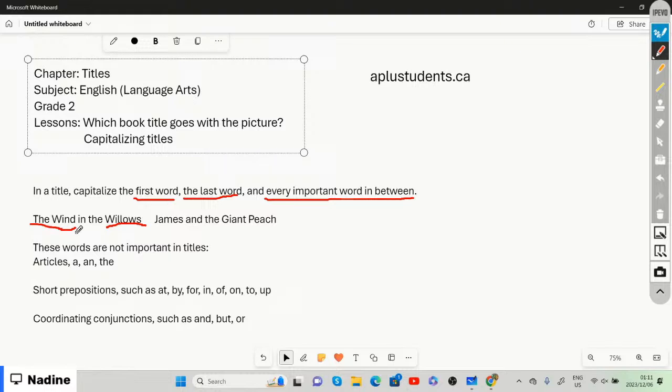All right, let's look at the next one. It says James and the Giant Peach.